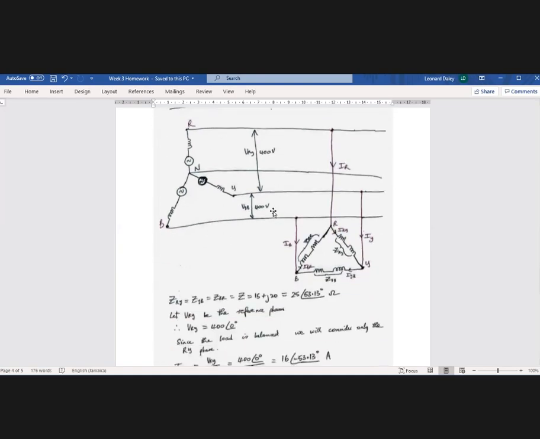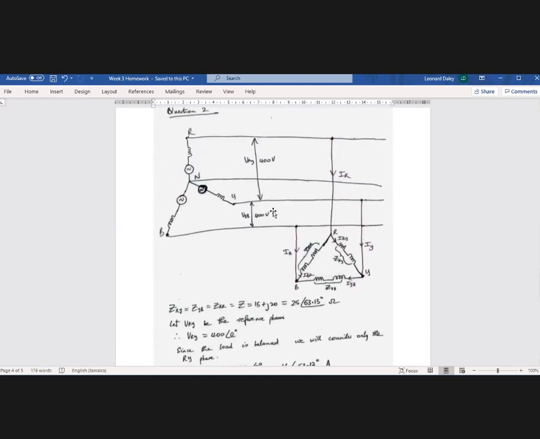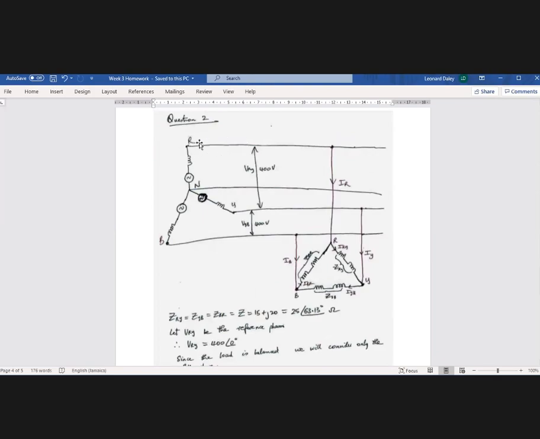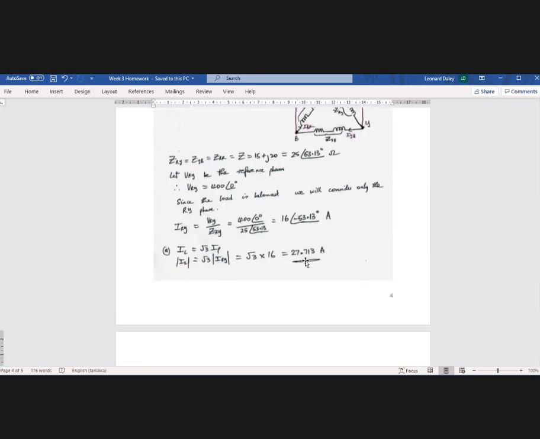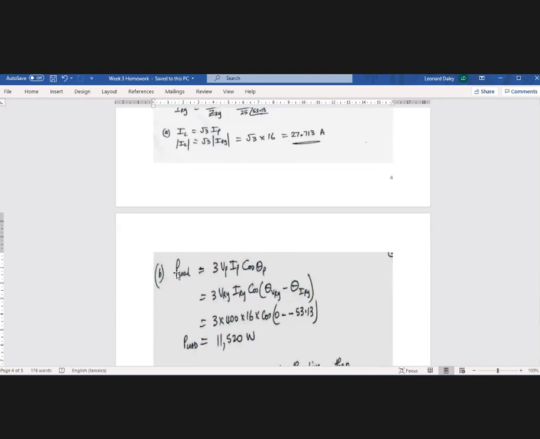Now, to find the power output of the generator, we need to find the power demanded by the load. So we go about finding that power. For the three-phase load, P equals 3 V phase I phase cos theta.